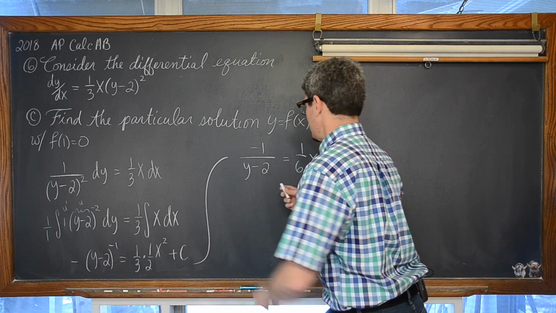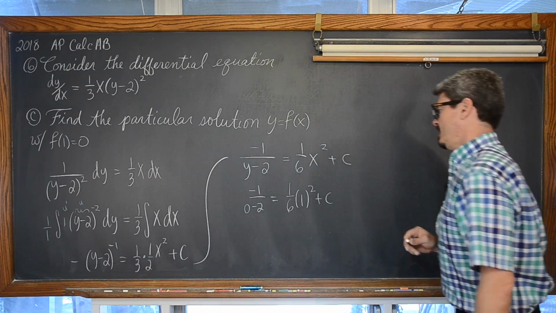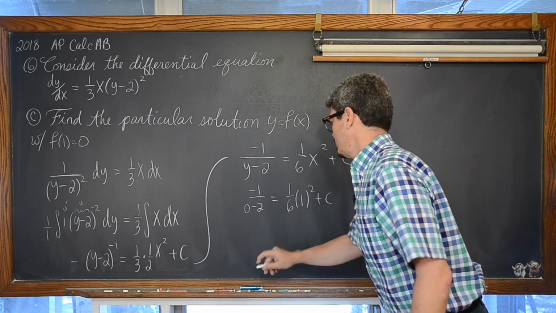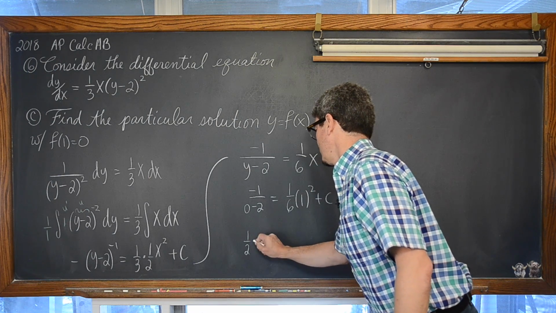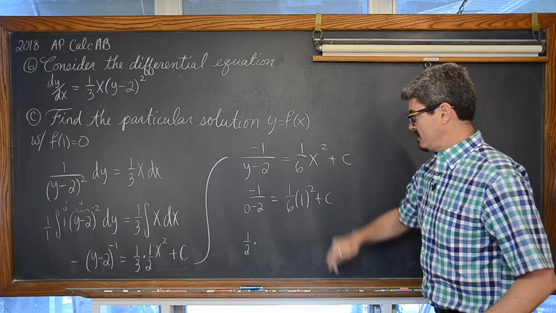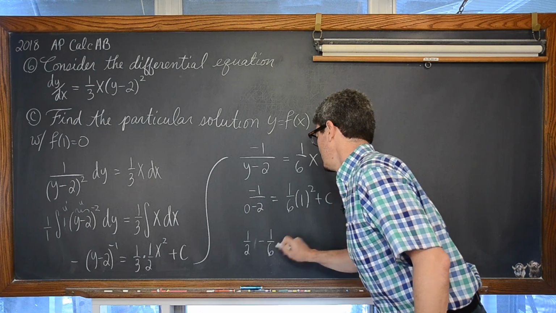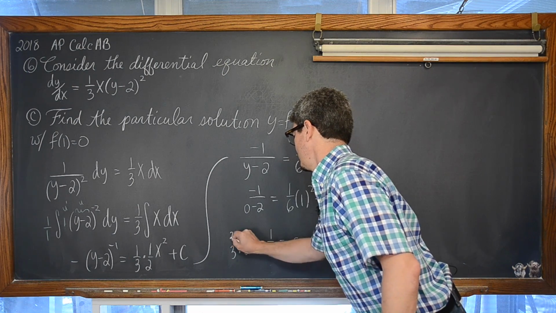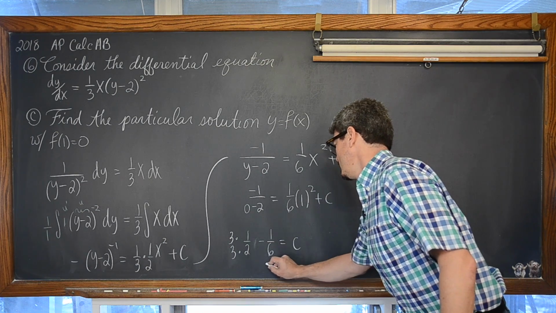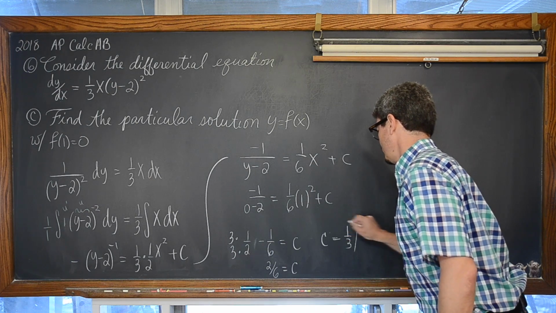So our y value is 0, our x value is 1, and so we're looking at, what do we have here? 1 divided by negative 2, so we have 1/2 times, this is multiplied by 1, so we're just going to take this positive 1/6 and subtract it over to the other side. Find a common denominator and find out that c is equal to 2/6, or that c is equal to 1/3.